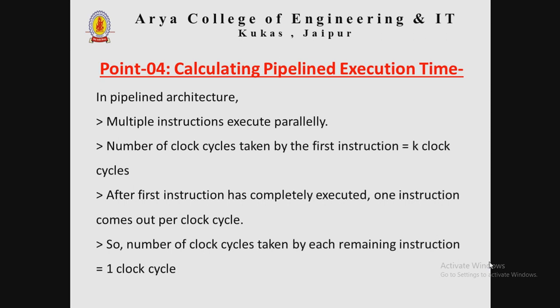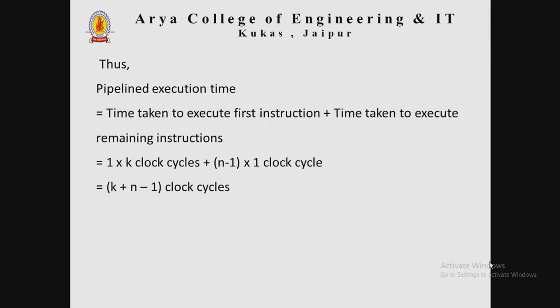So the number of clock cycles taken by each remaining instruction is equal to one clock cycle. Thus, the pipeline execution time is equal to the time taken to execute the first instruction plus the time taken to execute the remaining instructions. So we calculate 1 into k clock cycles plus n minus 1 into 1 clock cycle. The result is k plus n minus 1 clock cycles.